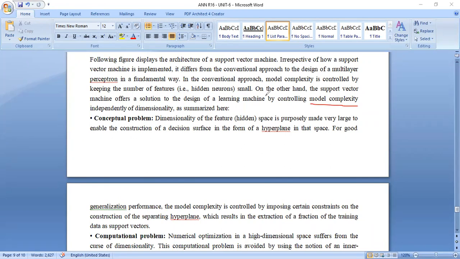For that new method, the support vector machine offers a solution to design a learning machine by controlling model complexity independently of dimensionality. Here, we need to control the model complexity. In the old or conventional methods, by reducing the hidden neurons or the features, we can automatically reduce the complexity of the model.